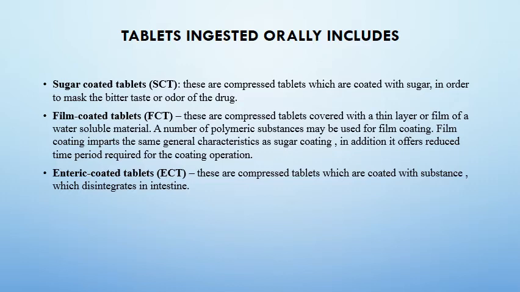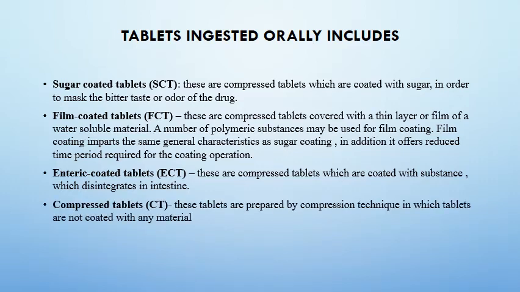Compressed tablets are tablets prepared by compression techniques in which the tablet is not coated with any material. Next, multiple compressed tablet. These tablets are subjected to more than one compression cycle. The best example for multiple compressed tablet is chewable tablets, which are placed in the mouth, chewed and swallowed.